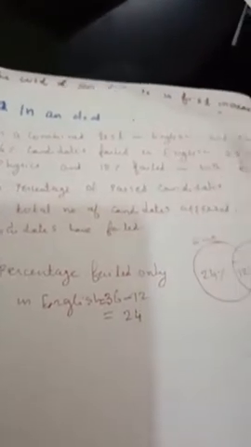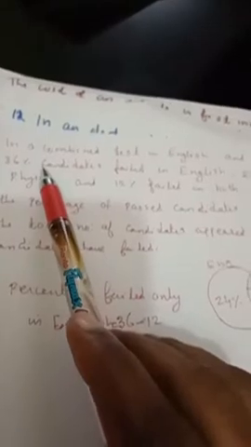Some of those 36% may have failed in physics also, and of the 28% who failed in physics, some may have failed in English also. In both means 12.